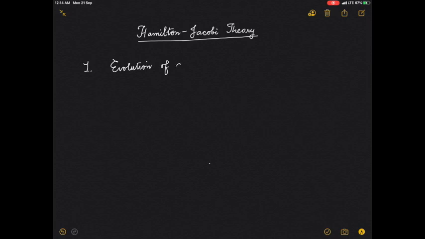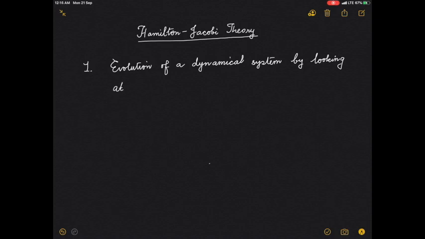One is the evolution of a system by looking at essentially variational integrals, or variations of action. We learned Hamilton's principle here.